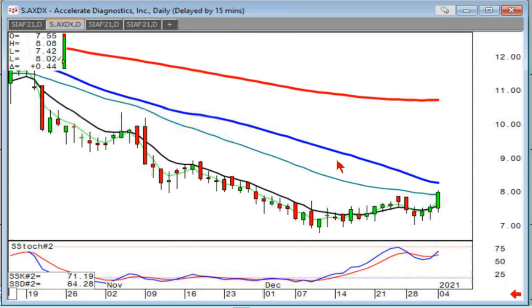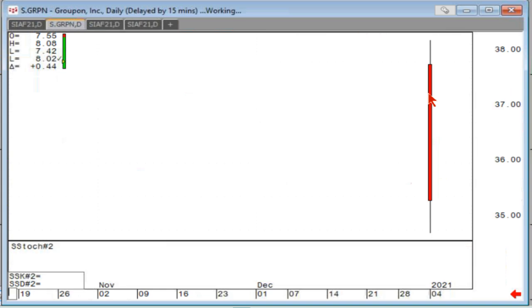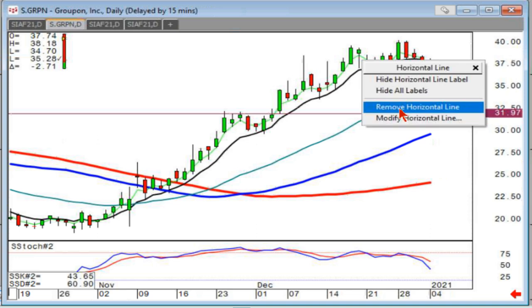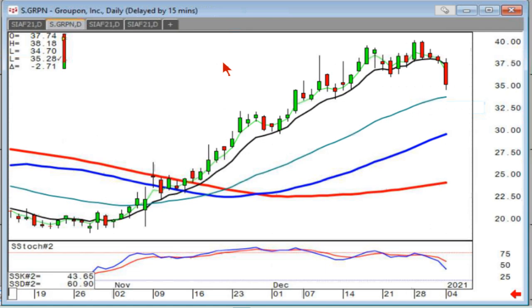AXDX, kind of your little cup and handle. If you're long, just watch to see what it does at the 50. And Groupon, that one you want to go short. Kind of your bearish Harami, bearish double doji sandwich, first target here. 50 is second target.